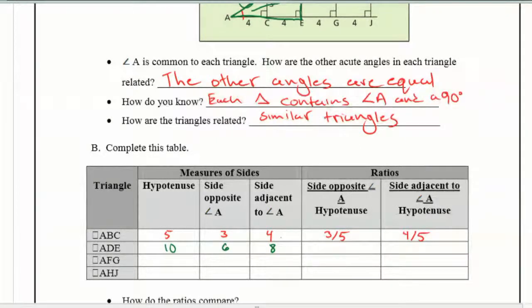If I were to take the opposite, which is 6, and divide it by 10, it would be the same thing as 3 over 5. And if I were to take the adjacent side, which was 8, and divide it by the hypotenuse, I'd get 8 over 10, which is 4 over 5. You can probably see what's going to happen here.